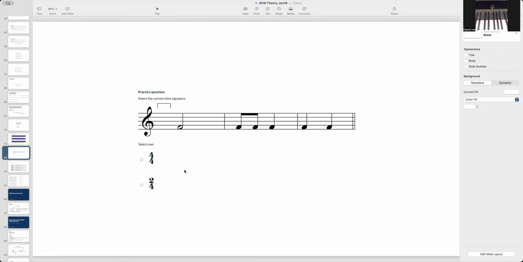Okay, quick question. Which one is the time signature in here? You can type in the chat box.